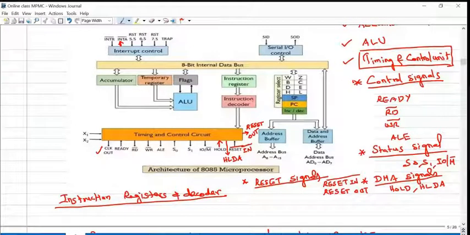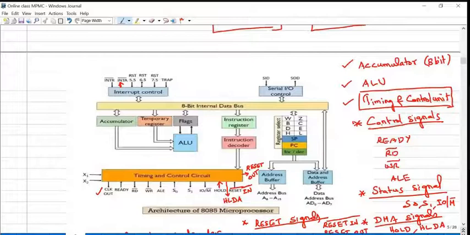Then the instruction decoder decodes that opcode and interprets what kind of operation it is. Then the signal is sent to the timing and control unit, which takes care of the corresponding operation, whether it is an IO read operation, an IO write operation, an opcode fetch, a data read from memory, or an address read from memory, depending on the instruction. That is the purpose of the instruction register and instruction decoder.